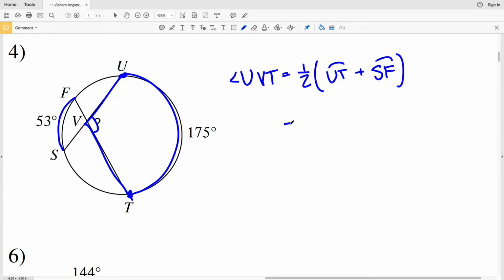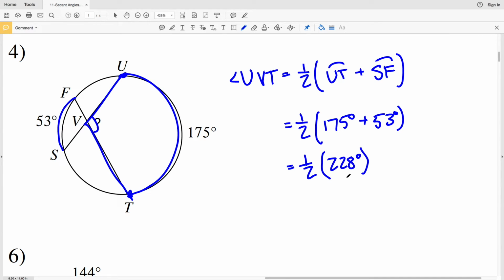So angle UVT equals 1/2 of UT, which is 175 degrees, plus SF of 53 degrees. So that's 1/2 of 228 degrees. And 228 degrees times 1/2 equals 114 degrees. So 114 degrees is our solution in number 4.